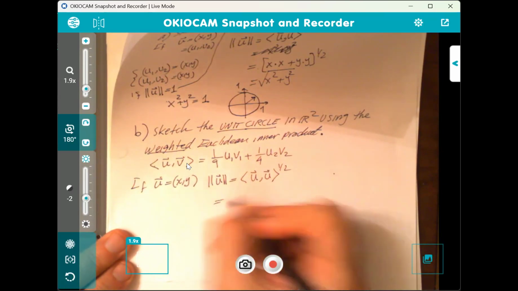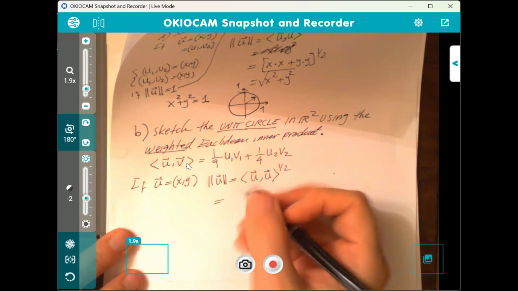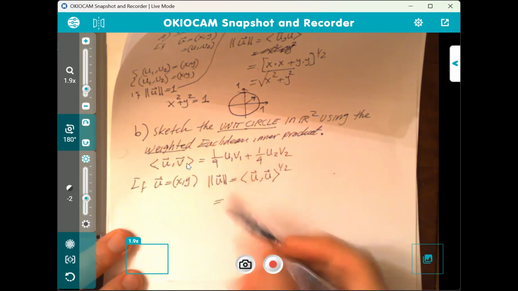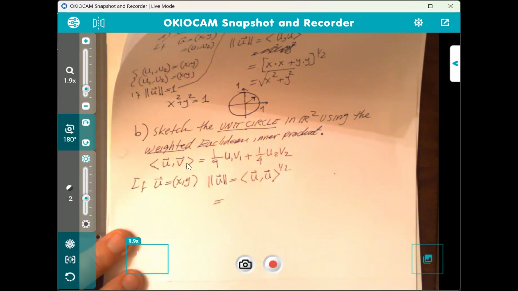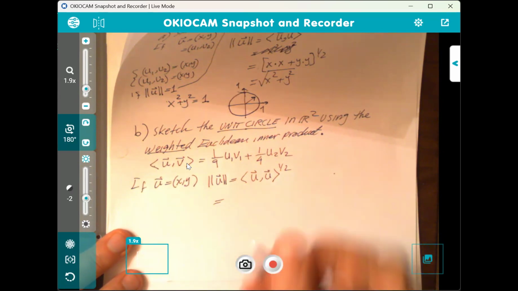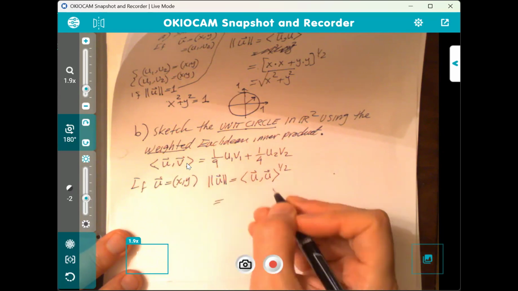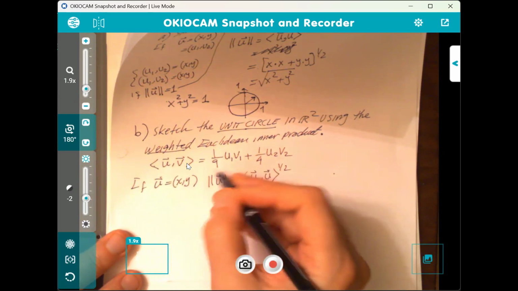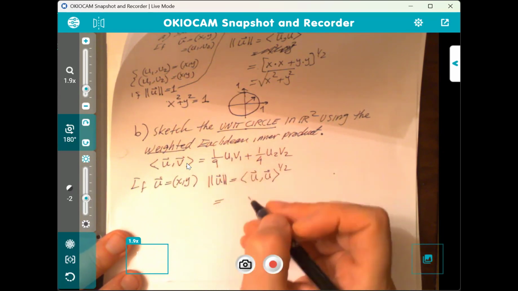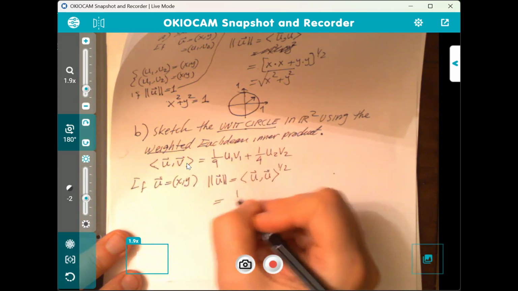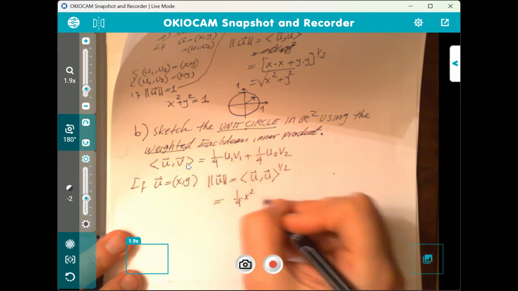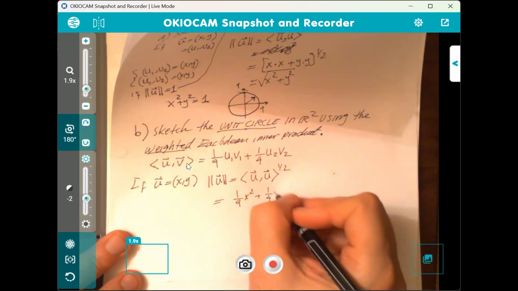Okay, so it's that to a half. And how would this work out? Well, u dotted with u is going to be 1/9 x times x, y times y, and you multiply the constant 1/9 only times the first one, and 1/4 times the second. So it's going to be the square root of 1/9 x squared plus 1/4 y squared.